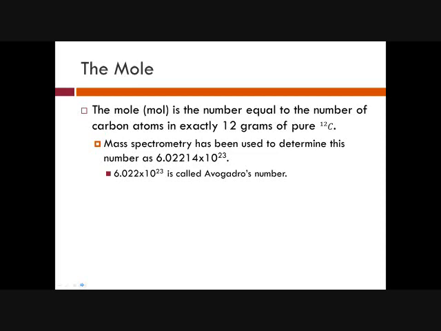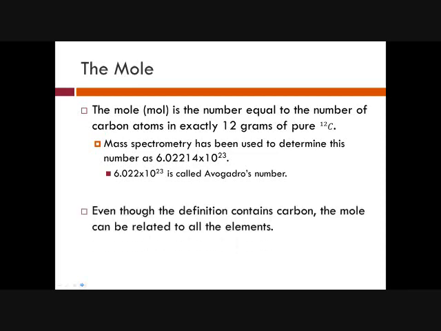Last year, we used 6.02. I think on the handout, it might be 6.022. I don't think it will affect your answer, and you won't get it wrong if you use 6.02 versus 6.022. It's up to you. I don't care which. But that is Avogadro's number, named after Amadeo Avogadro.